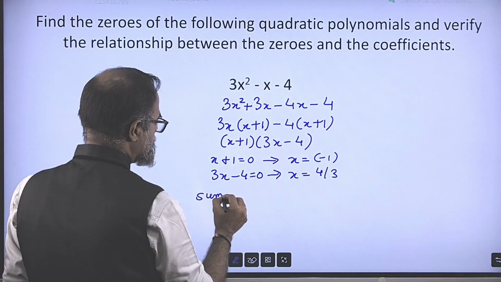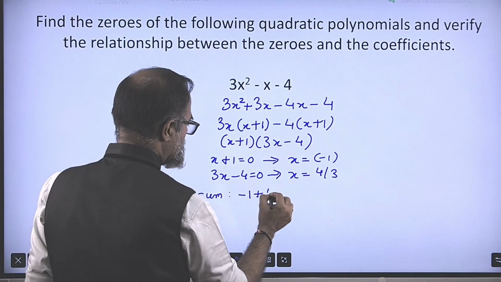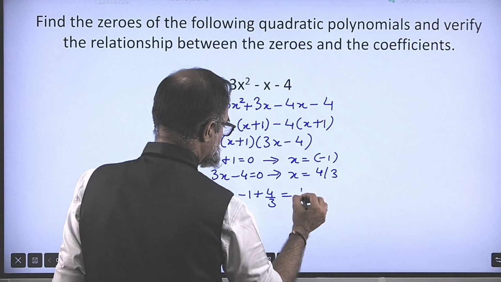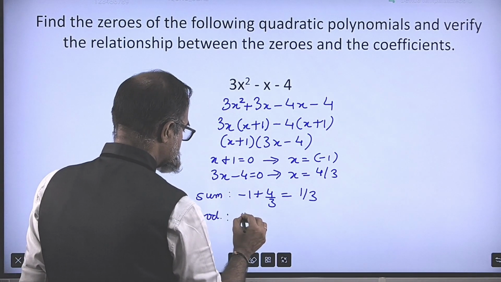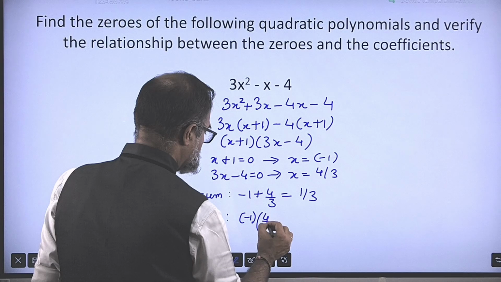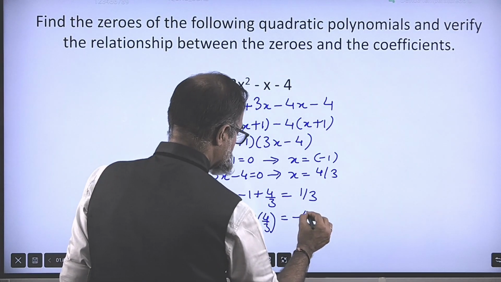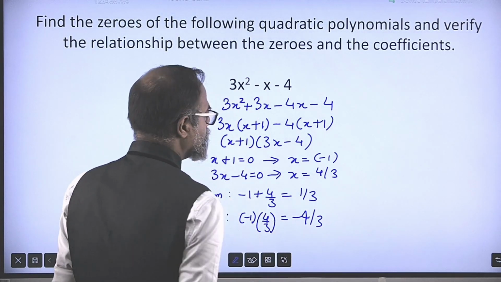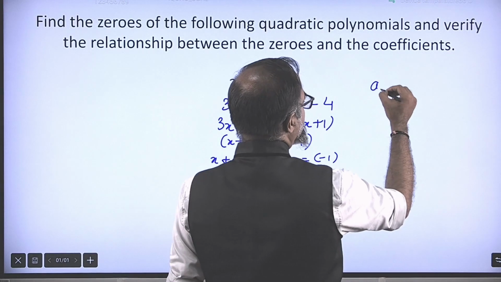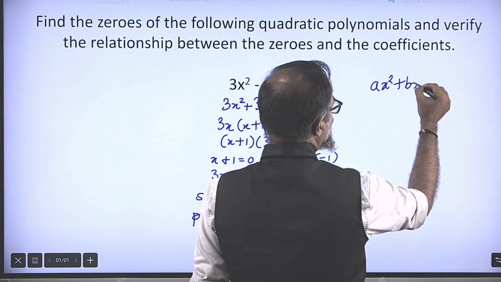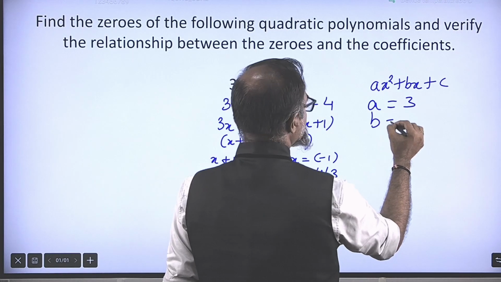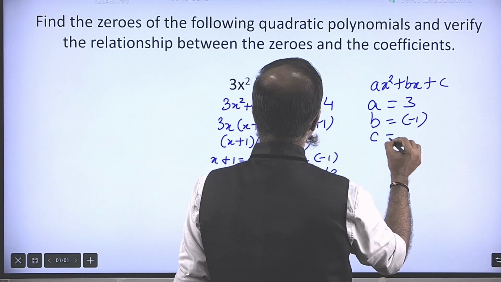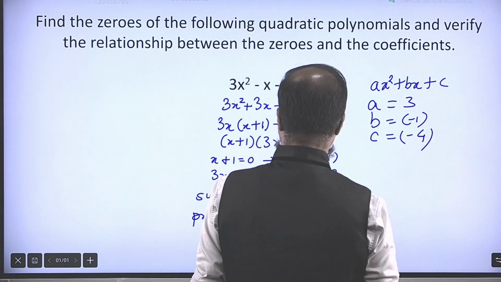So sum of the zeros is minus 1 plus 4 upon 3, which is 1 upon 3, and product is minus 1 into 4 upon 3, which is negative 4 upon 3. Now comparing it with ax square plus bx plus c, a is equal to 3, b is equal to negative 1, c is equal to negative 4.